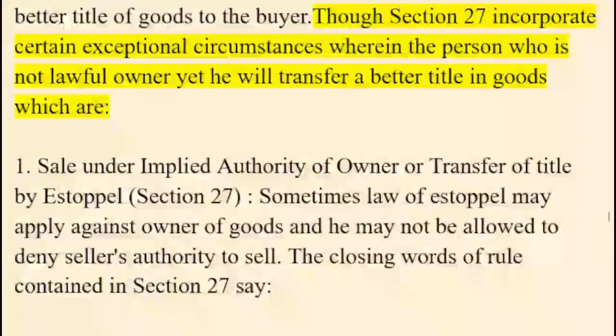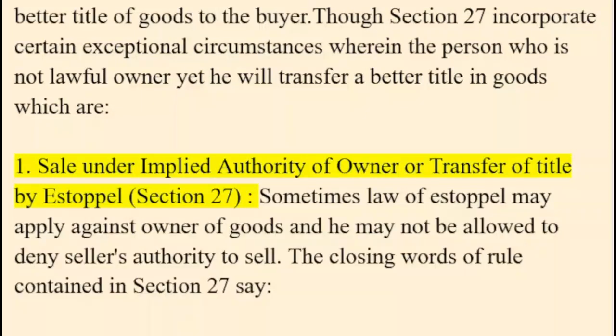Though section 27 incorporates certain exceptional circumstances wherein a person who is not the lawful owner will yet transfer a better title in goods. 1. Sale under implied authority of owner or transfer of title by estoppel, section 27.